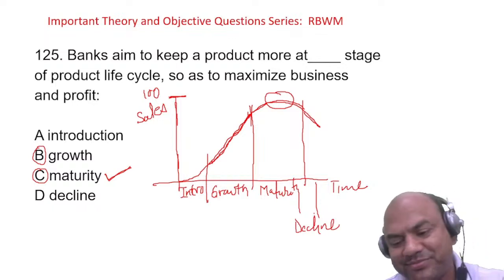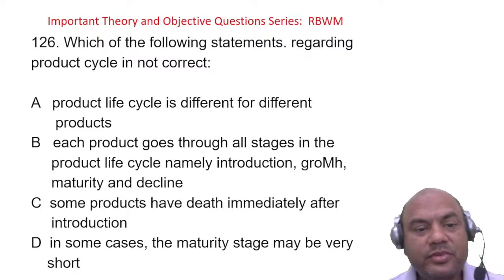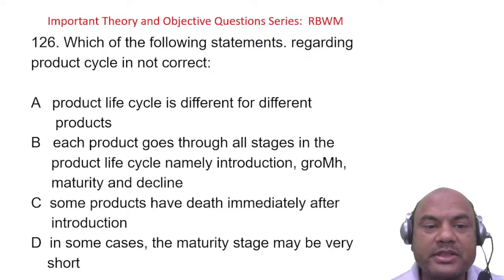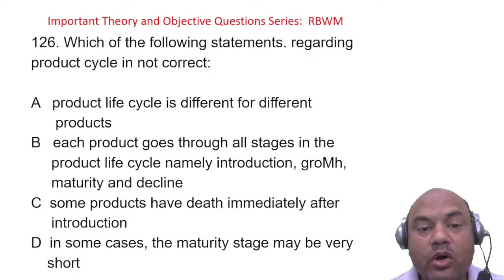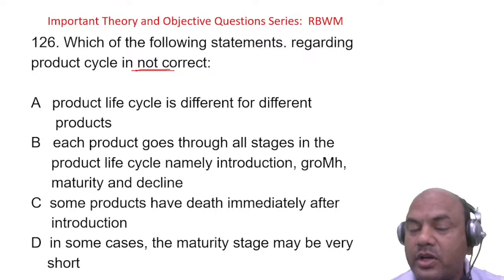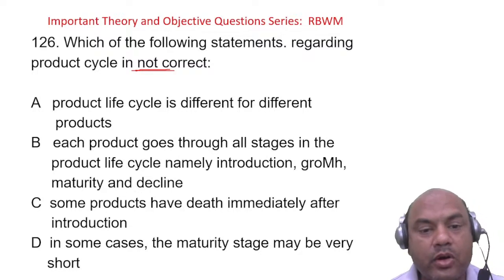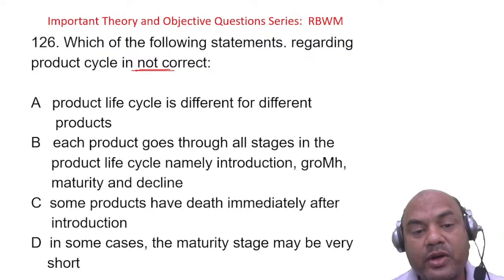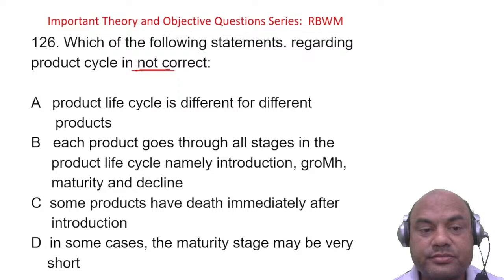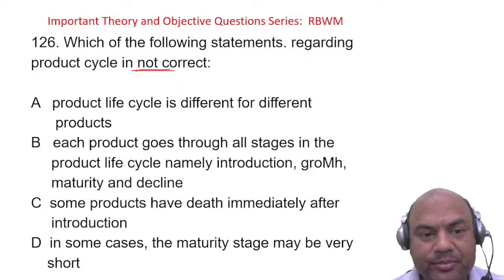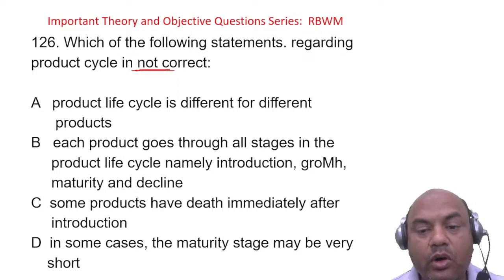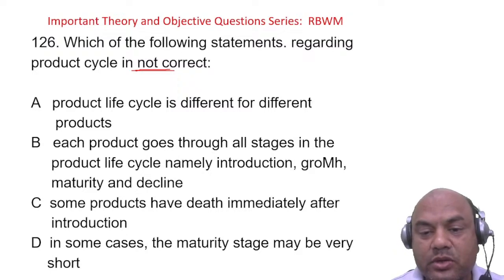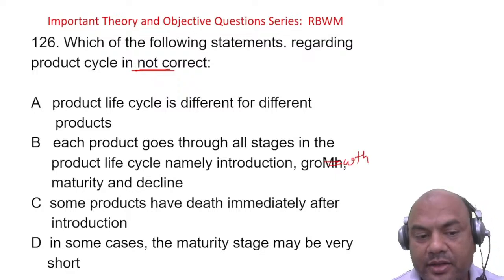Next. Which of the following statements regarding the product life cycle is not correct? You want the wrong one now. What are the options? Product life cycle is different for different products. Each product goes through all the stages in the product life cycle, namely introduction, growth, maturity and decline.